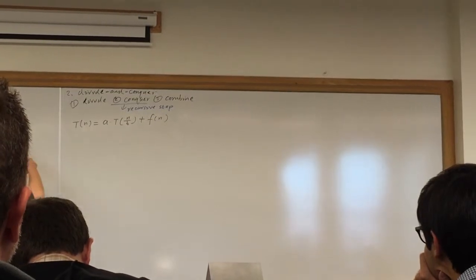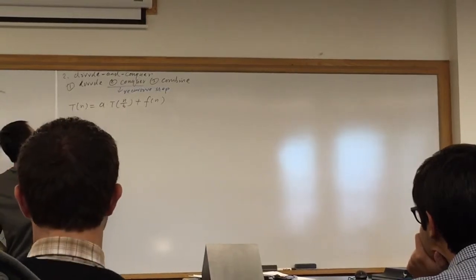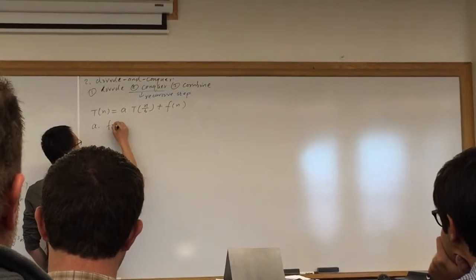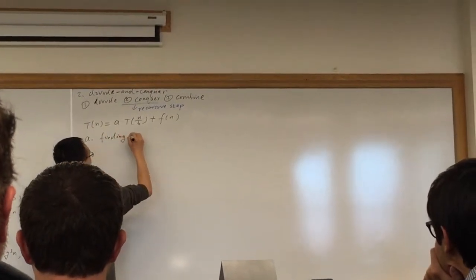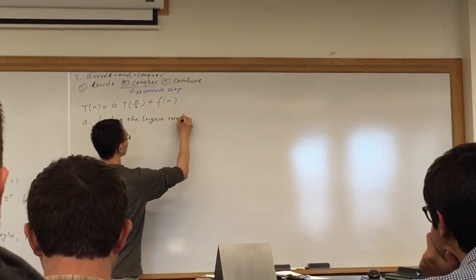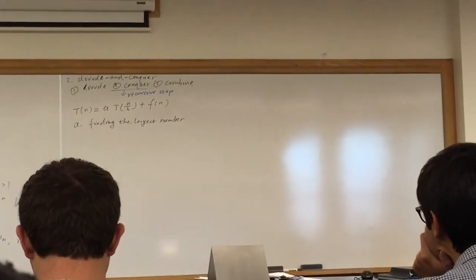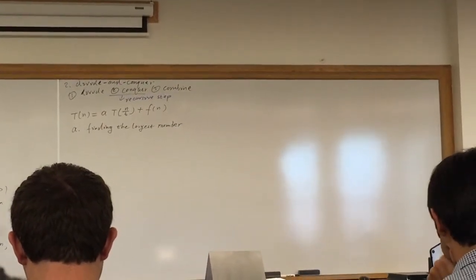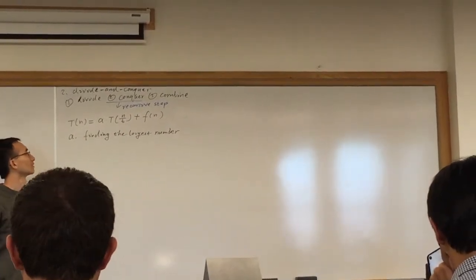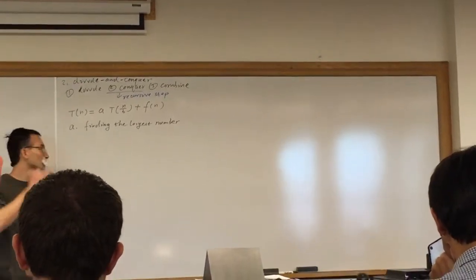We used three examples to show this technique. The first one is finding the largest number. Namely, given an array, how do you find the largest number? It's very easy to have a linear time algorithm if you scan the entire array. But we give a divide and conquer algorithm: we divide the array into two halves by the middle one.